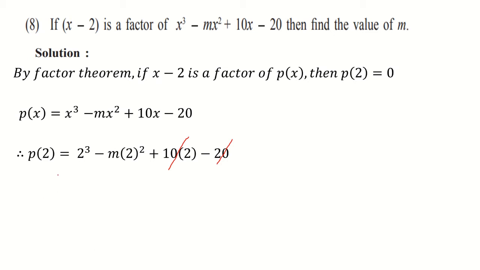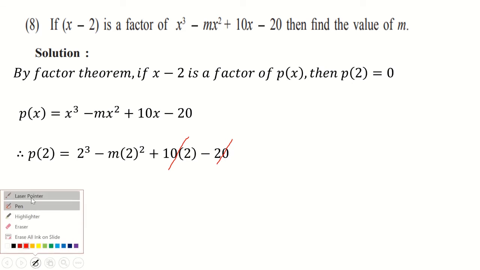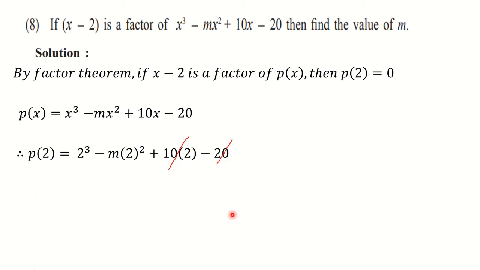So in the next step we are going to ignore these two terms. In place of p(2) we are writing 0, because by factor theorem p(2) is 0, the remainder is 0. 2 cube is 8, 2 square is 4, and 4 into minus m is minus 4m.